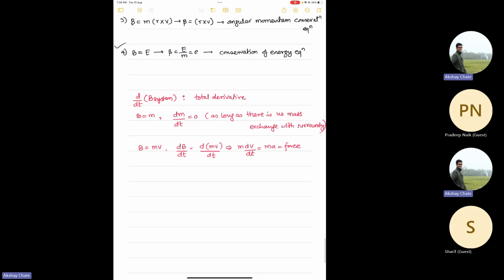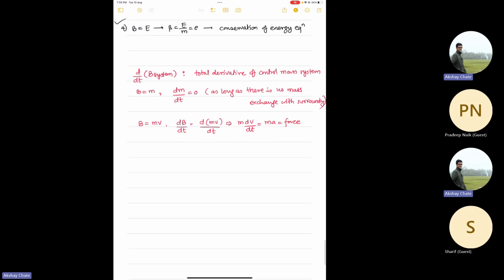So this is your total derivative of the control mass system. But as I said earlier, in fluid mechanics you cannot keep track of all the fluid particles at all times. So it is better to define a control volume in space and keep track of certain particles flowing through that control volume.